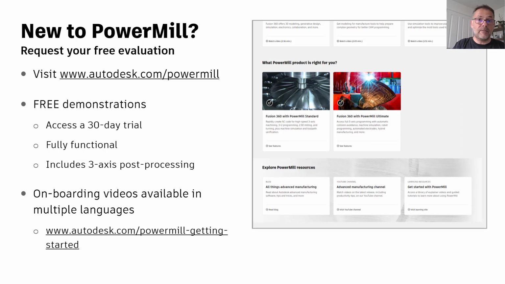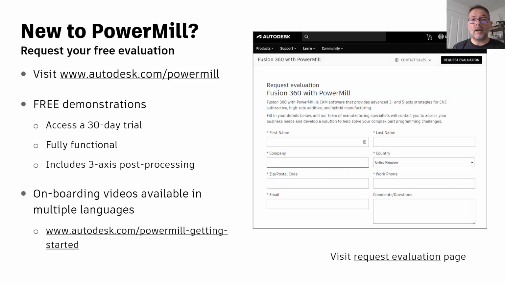I'd also recommend, if you want to learn more about PowerMill, you can go to our request evaluation page, fill in your details, and one of our super skilled technical sales teams will contact you to start a conversation to learn about your business, your CNC machining needs, and see whether PowerMill is a good fit for you, or maybe one of the other Autodesk manufacturing products too.